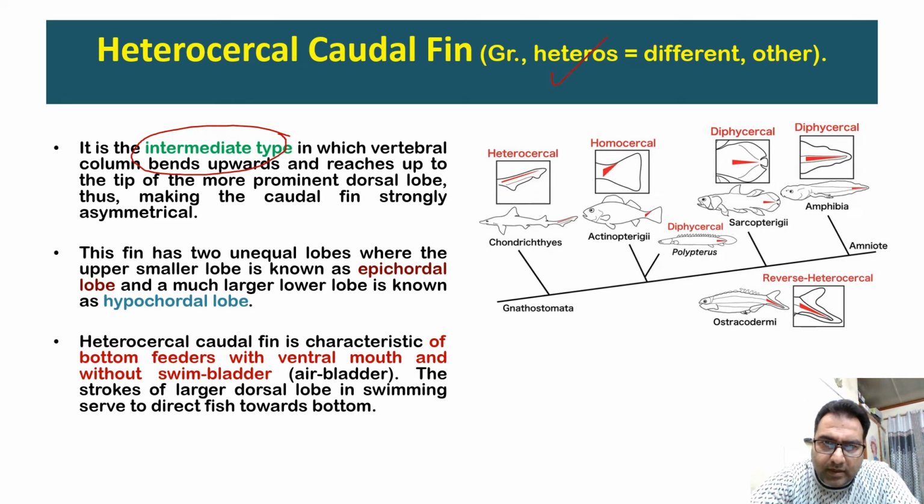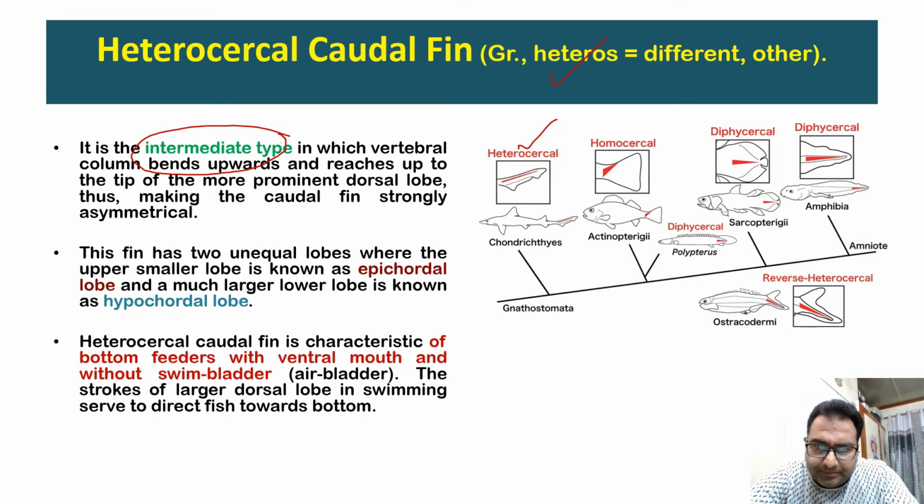Just look at this, it is not going straight, it is bending upward. So it reaches up to the tip of the more prominent dorsal lobe, thus making the caudal fin strongly asymmetrical.